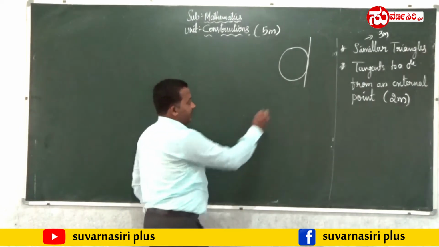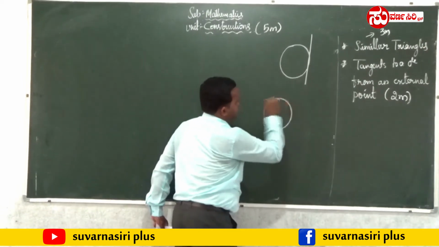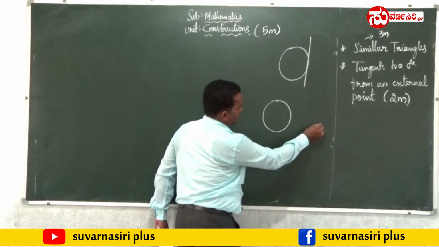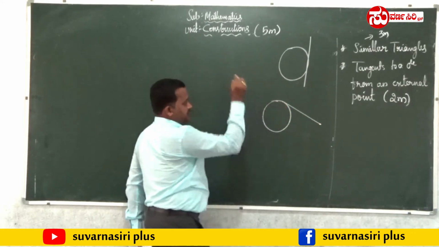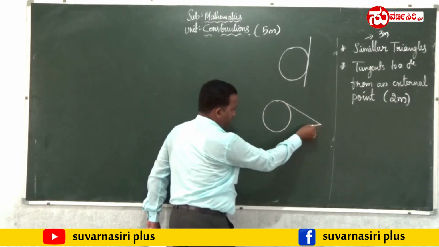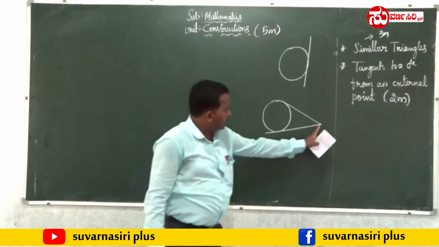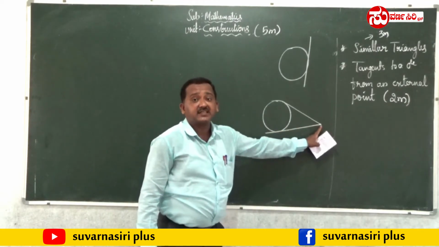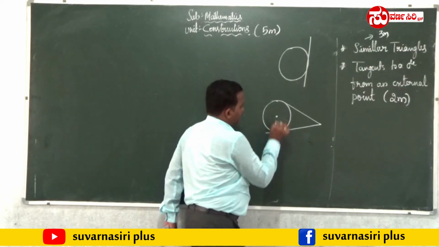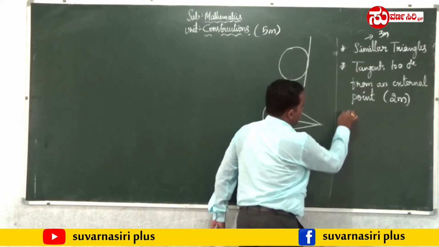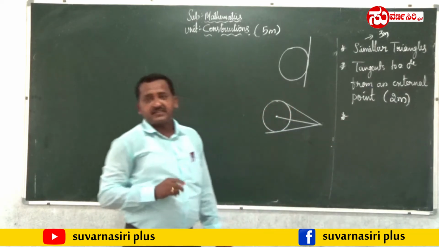If the circle is like this, somewhere the external point is here. From that external point we are going to construct a tangent. There are three cases in this.